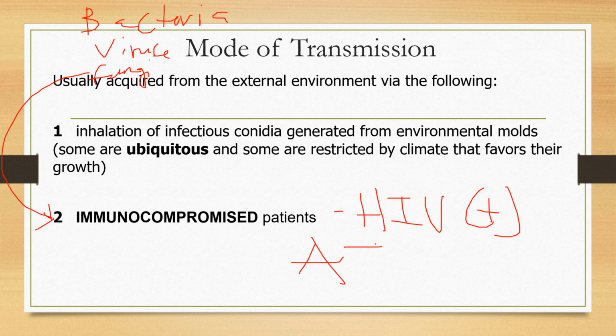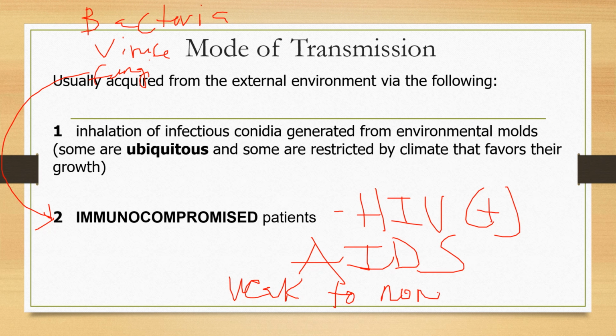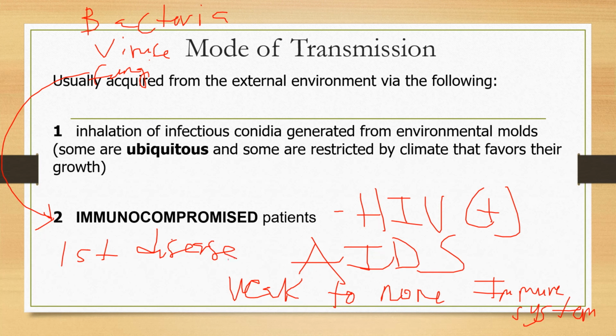Those who have developed AIDS have a very weak to none immune system. That's why most of the time ang first disease ng mga may HIV class are usually fungal diseases. Manonotice nyo na lang yung balat ng patient, may ganito na, yung tissues niya, may ganito na. They're very common among immunocompromised patients.